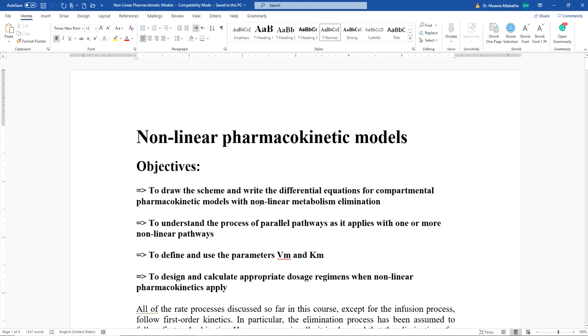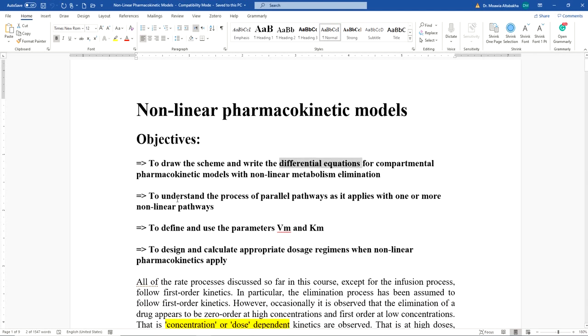So this applies for drugs that are extensively metabolized and eliminated in this way. Okay, so one compartment, non-linear elimination. And then we will be able to write the differential equation.